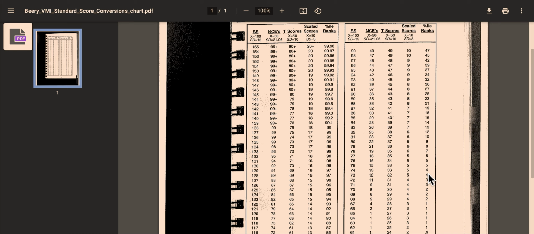They had a standard score of 81 on the visual perception portion. So that is a scaled score of 6 and a percentile rank of 10.